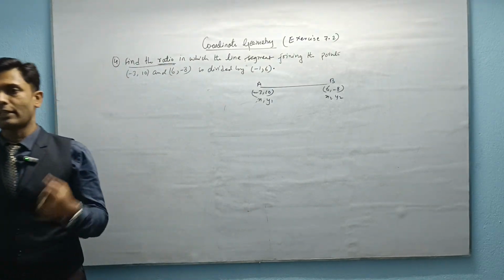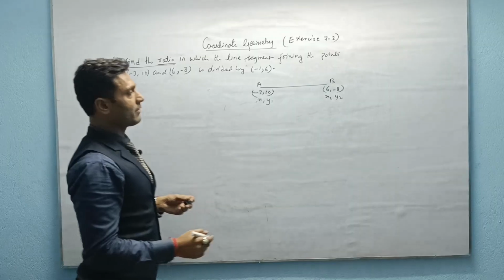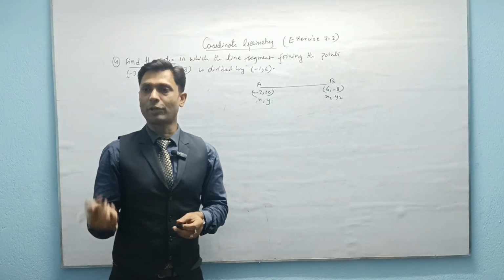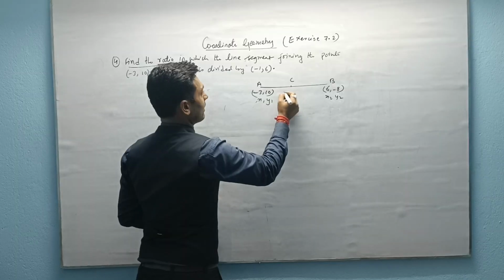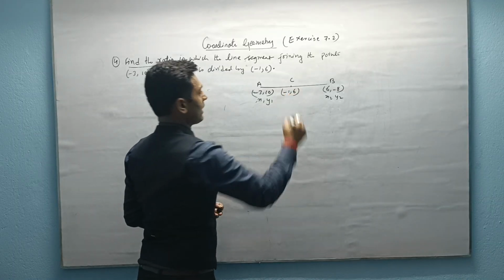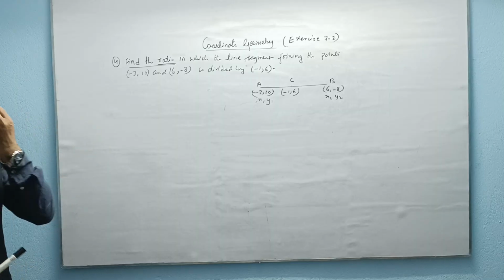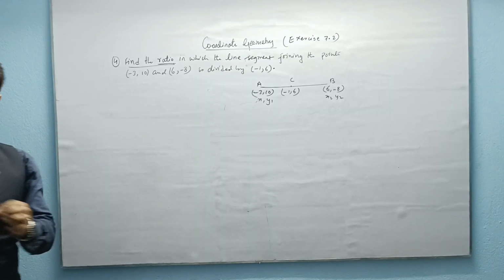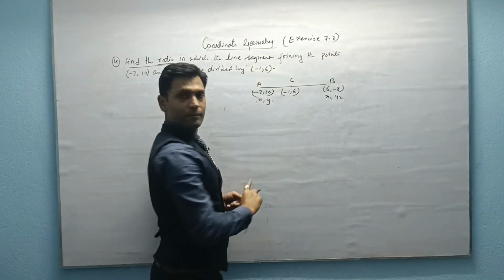This is the line segment. Now, this line segment AB is divided by another point, and that point is C, (-1, 6).